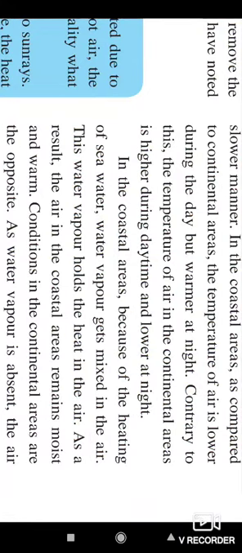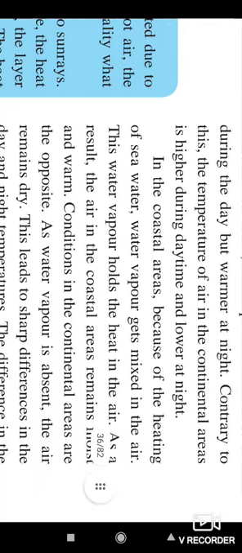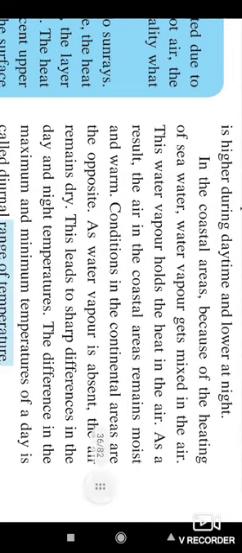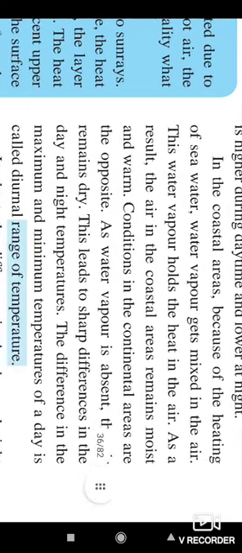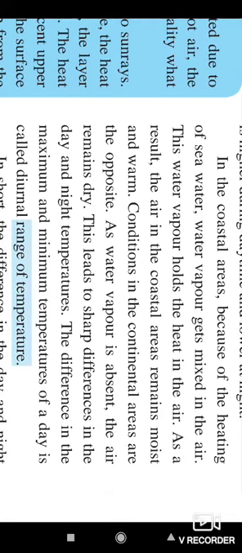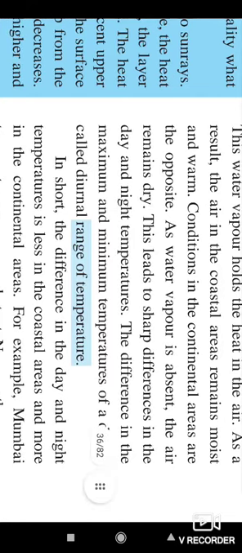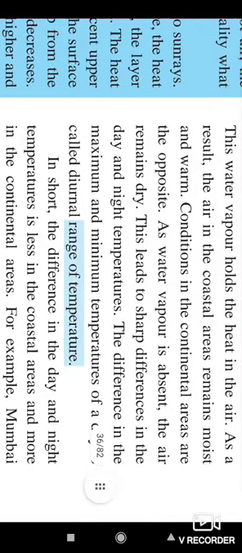Contrary to this, the temperature of air in the continental areas is higher during daytime and lower at night. In the coastal areas, because of the heating of the seawater, water vapors get mixed in the air. These water vapors hold the heat in the air. As a result, the air in the coastal areas remains moist and warm.